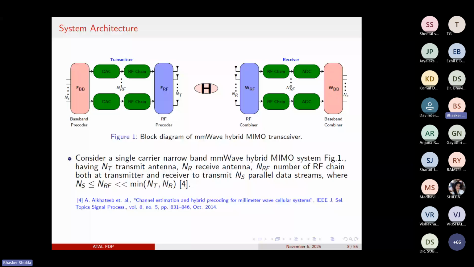And suppose there are NS parallel data streams that we have to transmit, and this follows the structure that NS must always be less than the number of RF chains, and that must be less than the number of transmit and receive antennas.